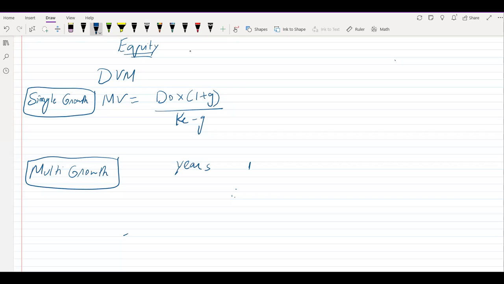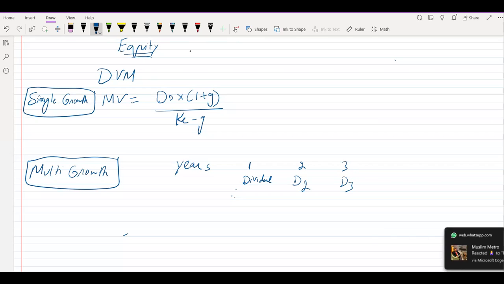So for example, in year 1, you will calculate the dividend. In year 2, you will calculate the dividend. In year 3, you will calculate the dividend. And then from year 4 onwards, cash flows will achieve a constant growth.